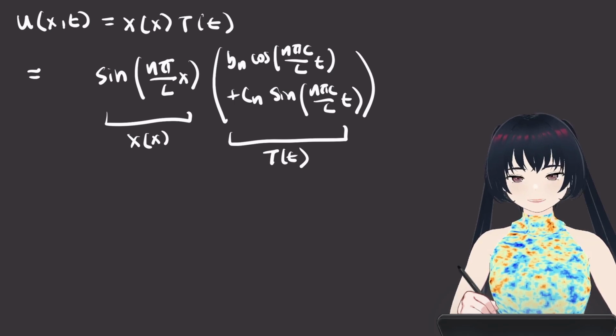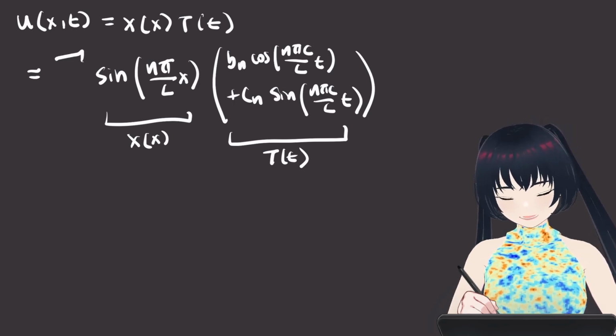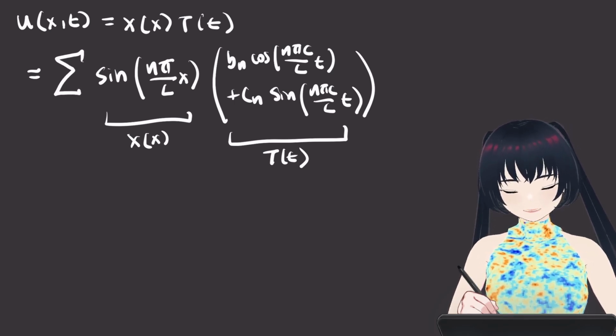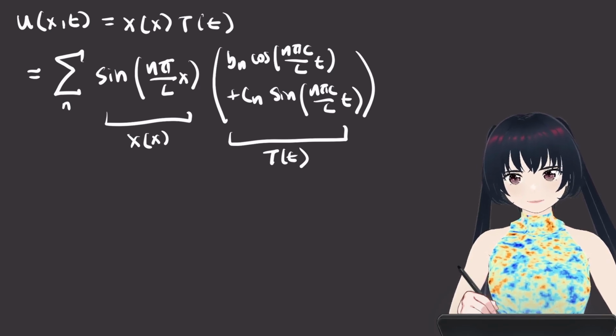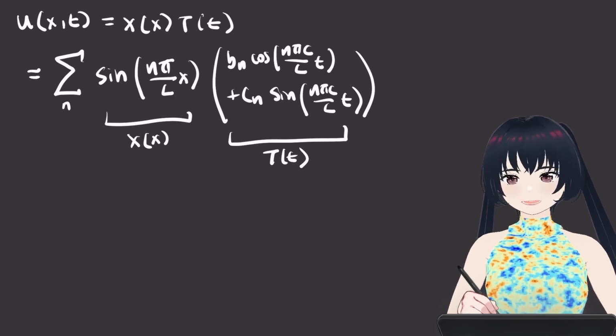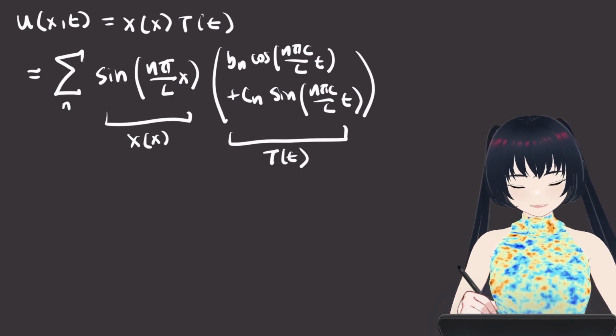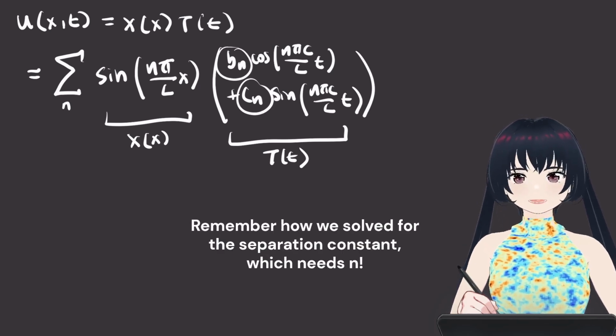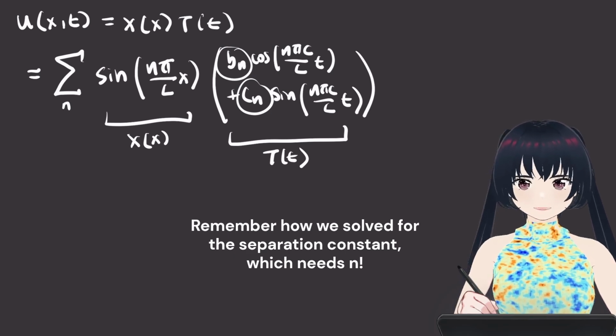But we can't forget one thing. We actually need to take the summation over all n. The reason for that is because our general solution is dependent on the coefficients b_n, c_n, which then further depend on n.